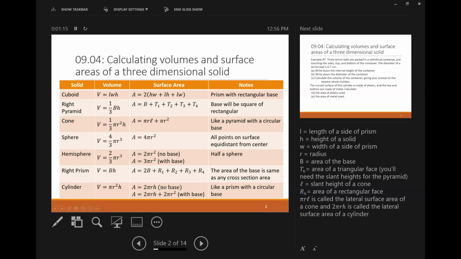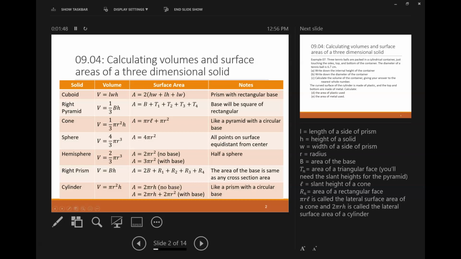A right pyramid, volume is equal to 1/3 BH. What's capital B? Not quite. The area of the base, whatever that shape might be, whether it's a square, a triangle, a rectangle, or pentagon. Okay with that? The surface area is equal to B plus T1 plus T2 plus T3 plus T4, etc. Capital B is the area of the base.